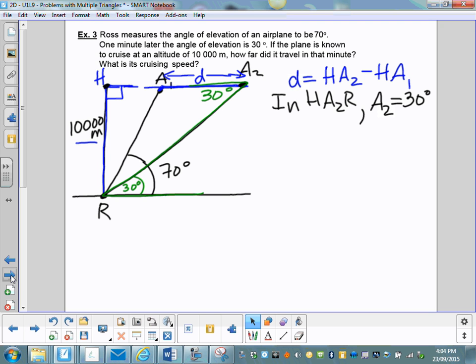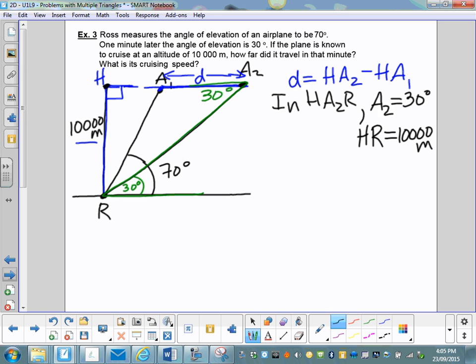We also know that in that big triangle, HR is equal to 10,000 meters. Okay, so we've got 10,000 meters there.